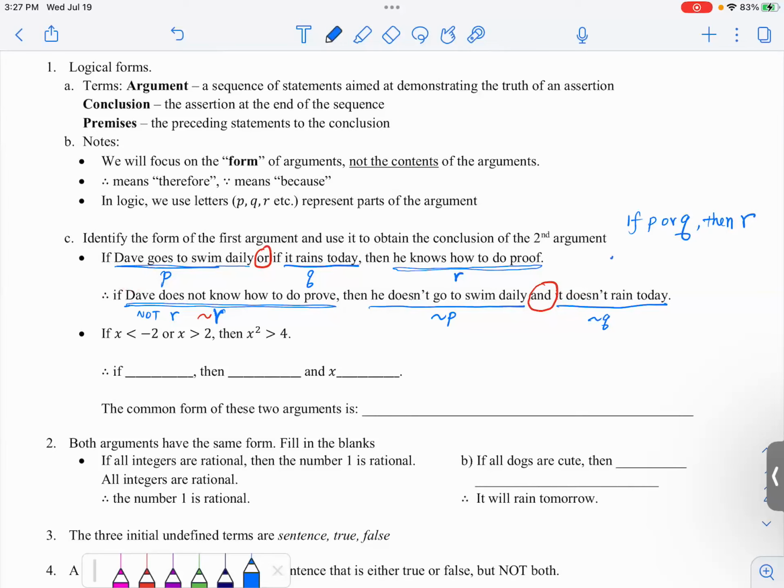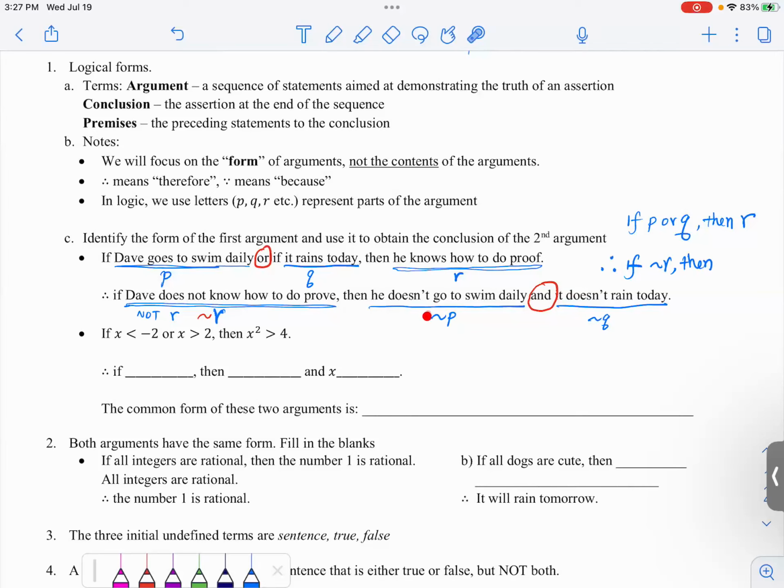The conclusion is therefore, if not R, so not R, then you can pause my video and see if you are able to identify the form.